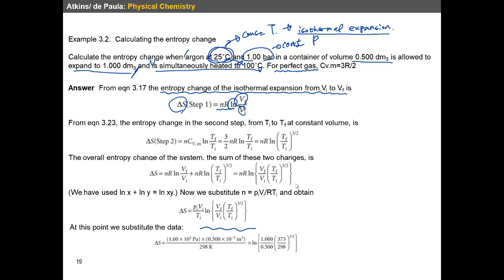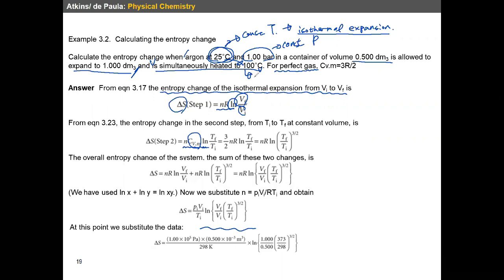So we can simply use n C_V ln Ti over Tf, right? So we are expressing this because the volume is constant in the second step.